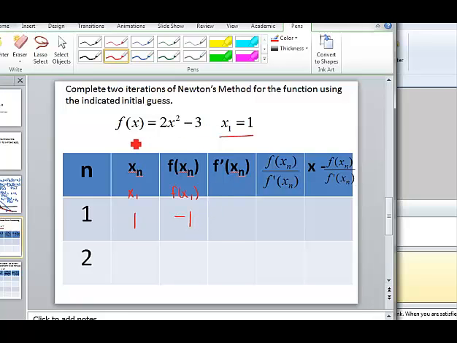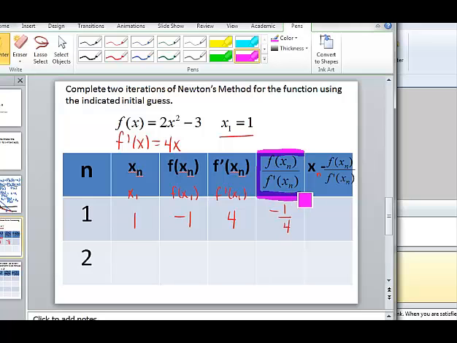Now it says find f prime. Well, I first need my derivative, so that's 4x. Find f prime of x sub 1. So that means I'm going to plug 1 in for my derivative, which gives me 4. Now it says divide those two values, so I get negative 1/4. And the last thing it tells me to do is to take my x sub n minus this.